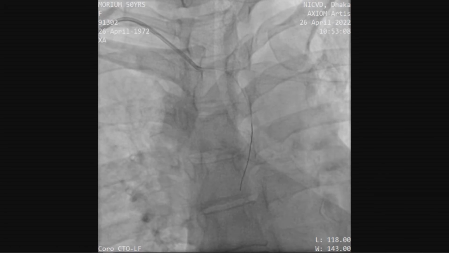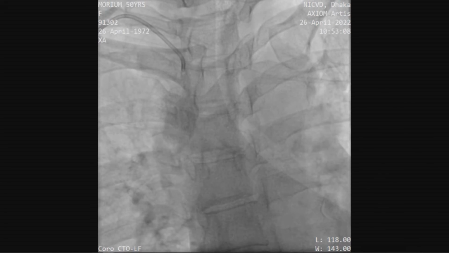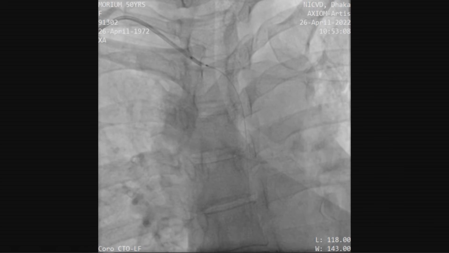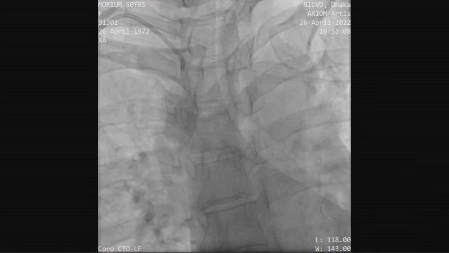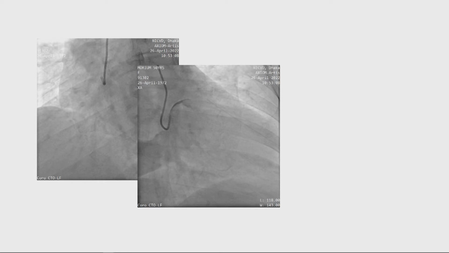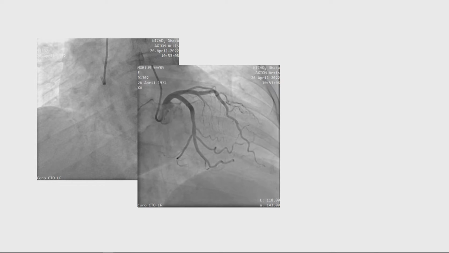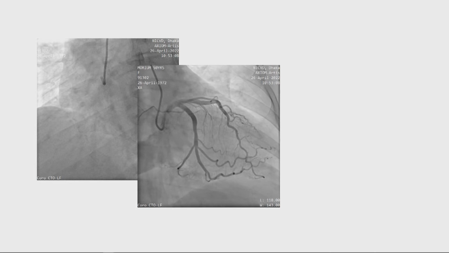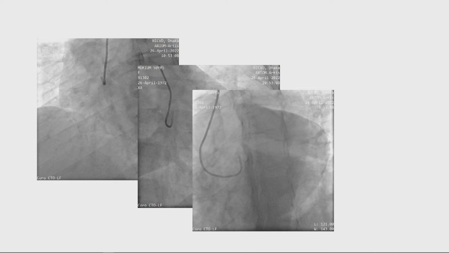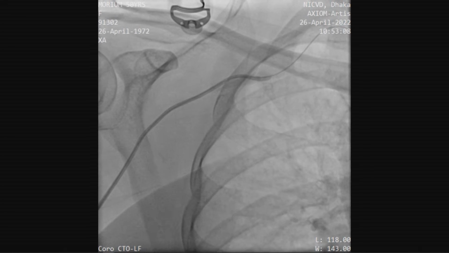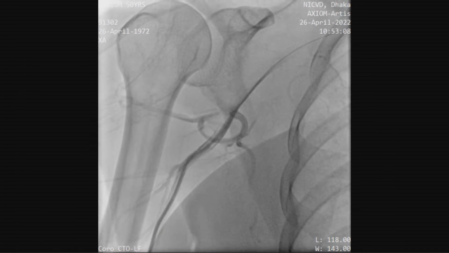After reaching the arch of the aorta or subclavian artery, we withdrew the balloon and the guide wire. Then we put a regular wire and did the coronary angiogram. The patient's angiogram revealed normal findings, as she was a WPW syndrome patient.